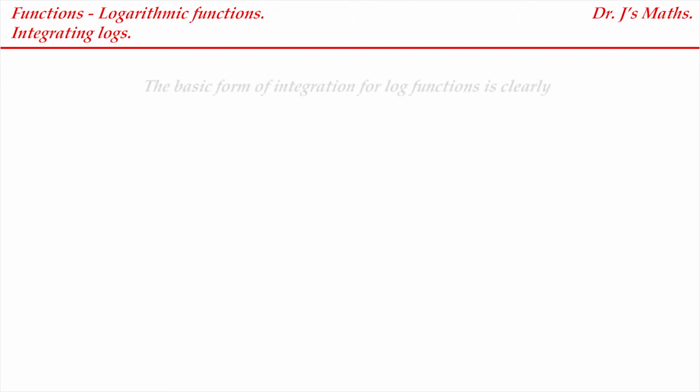So using that statement, we can say that the basic form of integration for log functions will be that the integral of dx over x is equal to log x to the base e plus c. The x from the denominator comes up to follow the logarithm statement in the integration.